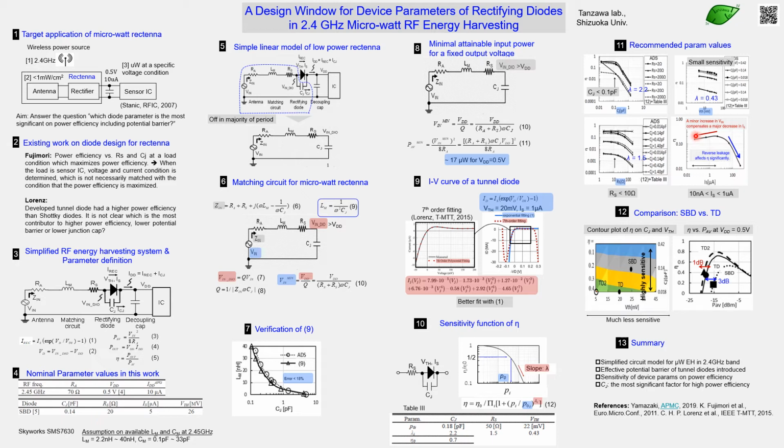if you want the output power of 5 microwatt, for example, then your input voltage must be a little higher than the case of higher IS.